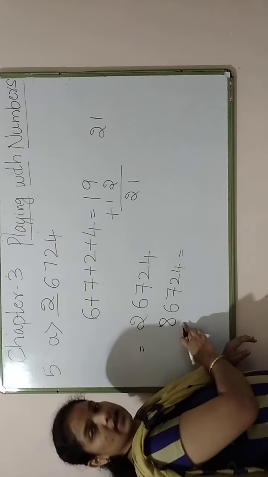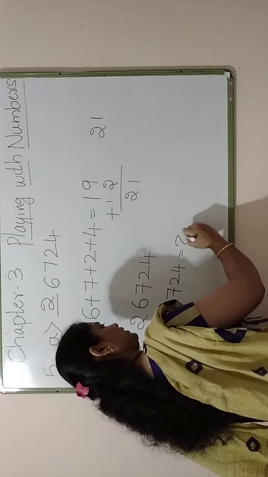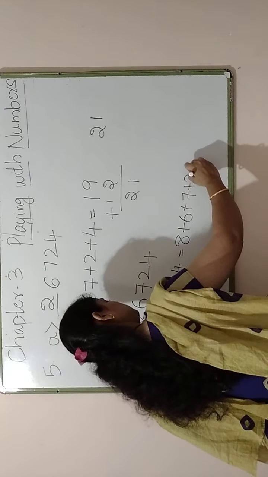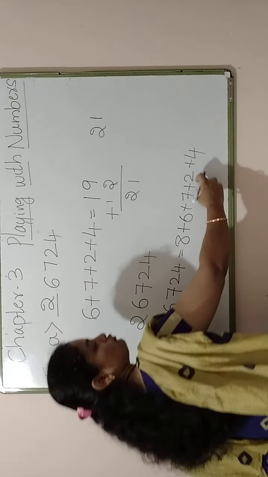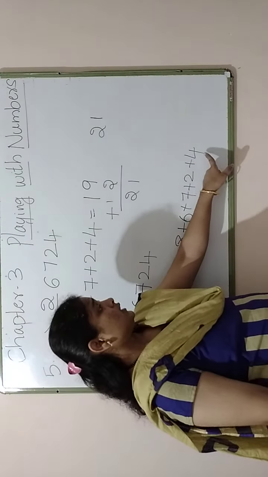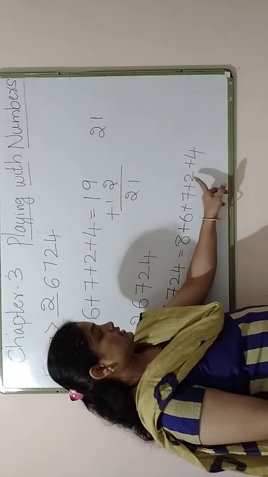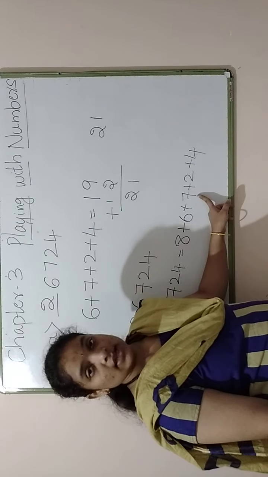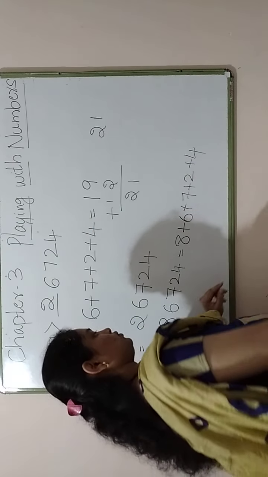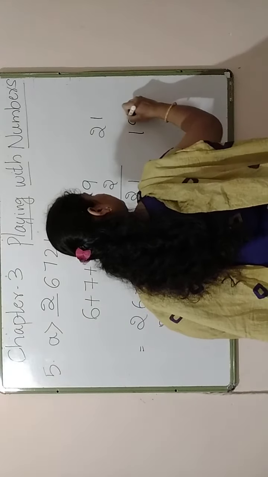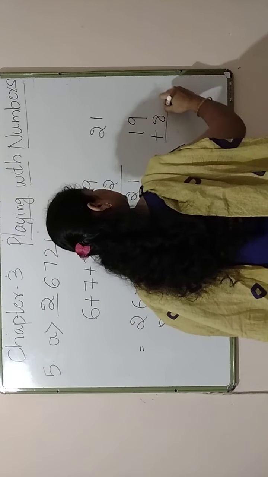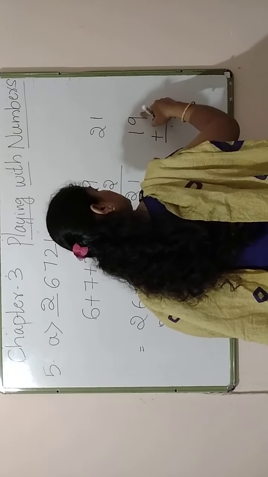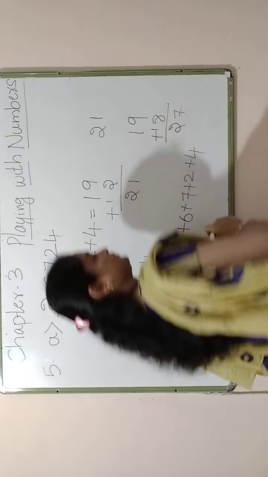Just to confirm that 8 is correct, add all the numbers: 8 plus 6 plus 7 plus 2 plus 4. 4 plus 2 is 6, 6 plus 6 is 12, 12 plus 7 is 19, 19 plus 8 is 27.